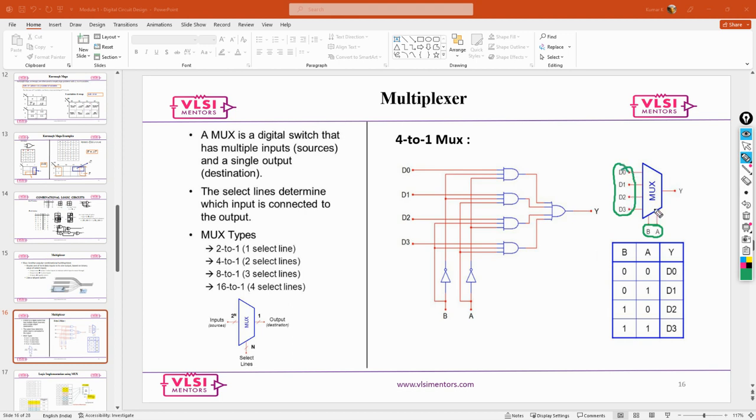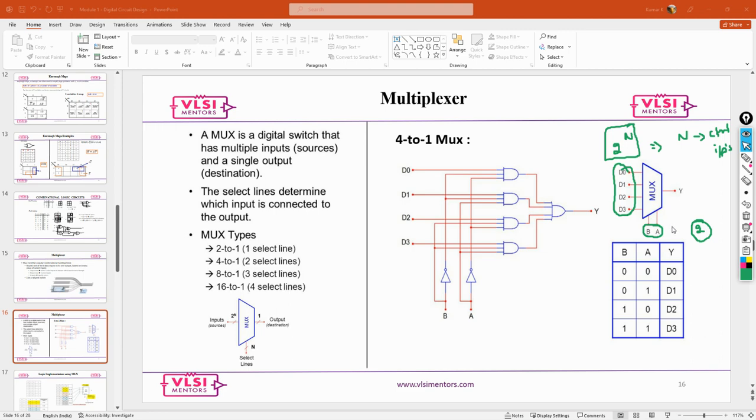The number of control inputs decides the number of inputs. With n control inputs there are 2 to the power n inputs. Say two control inputs, that means 2 to the power 2, which is 4 inputs. That is how the mux is designed.